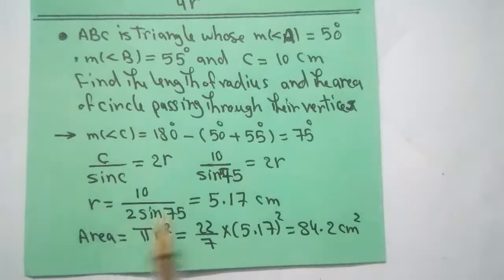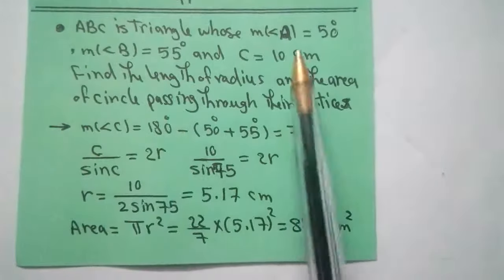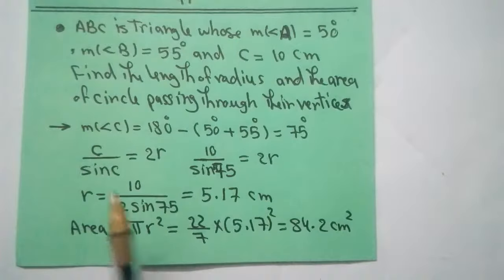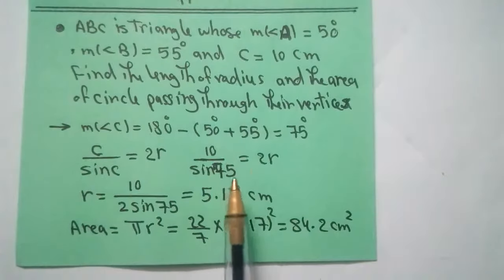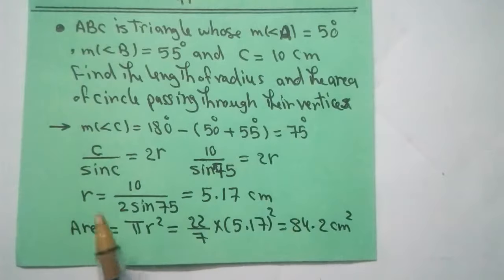We take c over sine C equal to 2R, so 10 over sine 75 equals 2R. So R equals 10 over 2 sine 75, it will be 7.17 centimeters. Area of circle equals pi R squared, 22 over 7 times 7.17 squared, it will be 84.2.